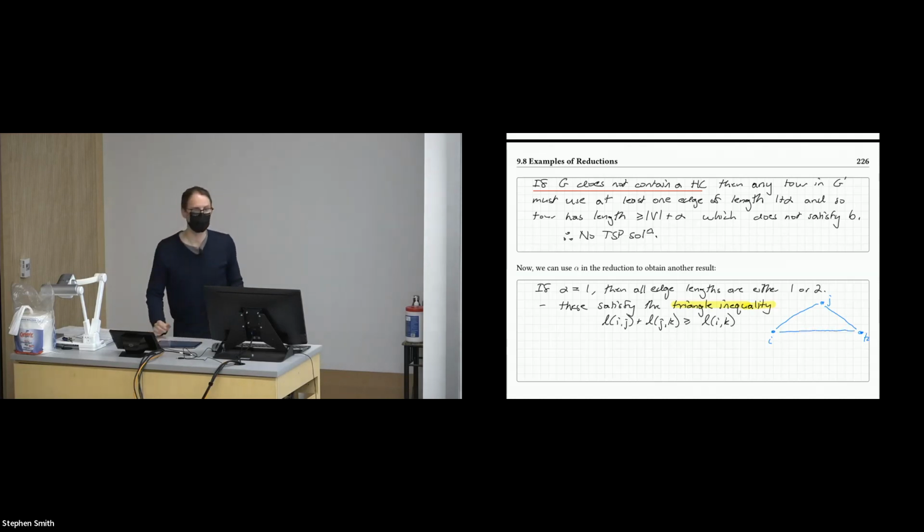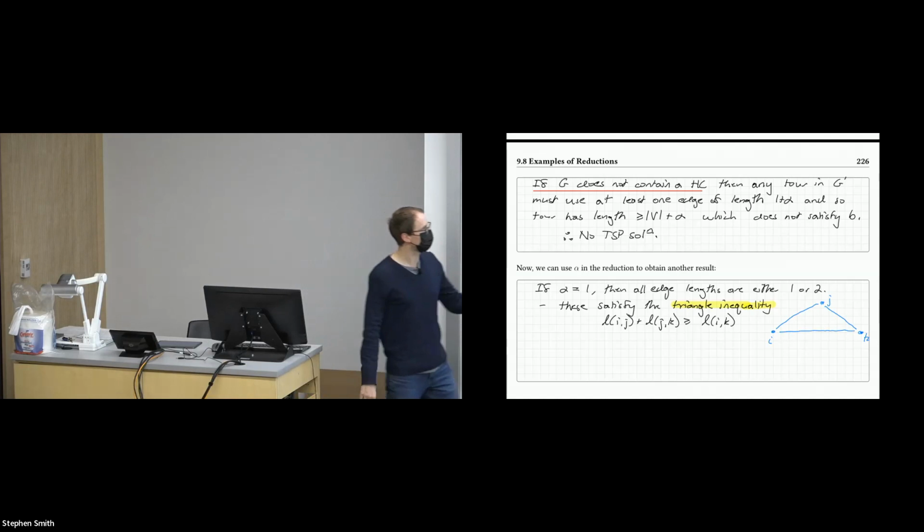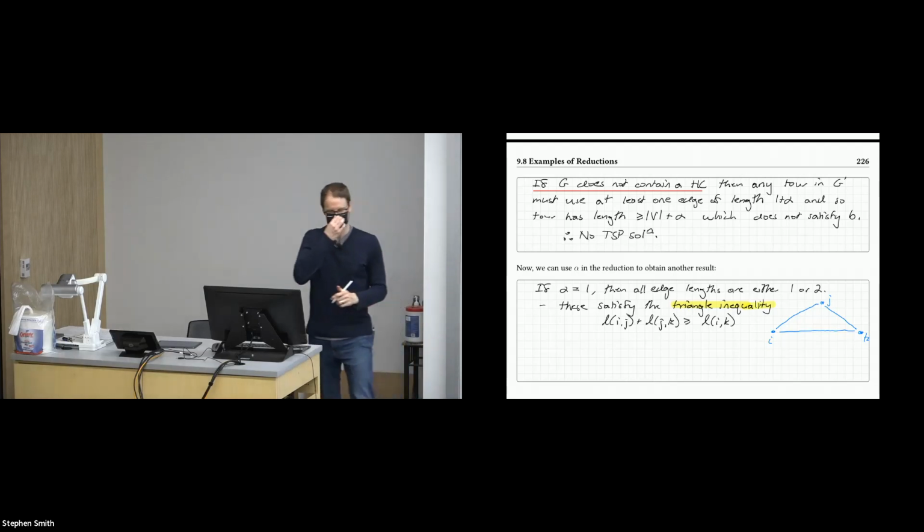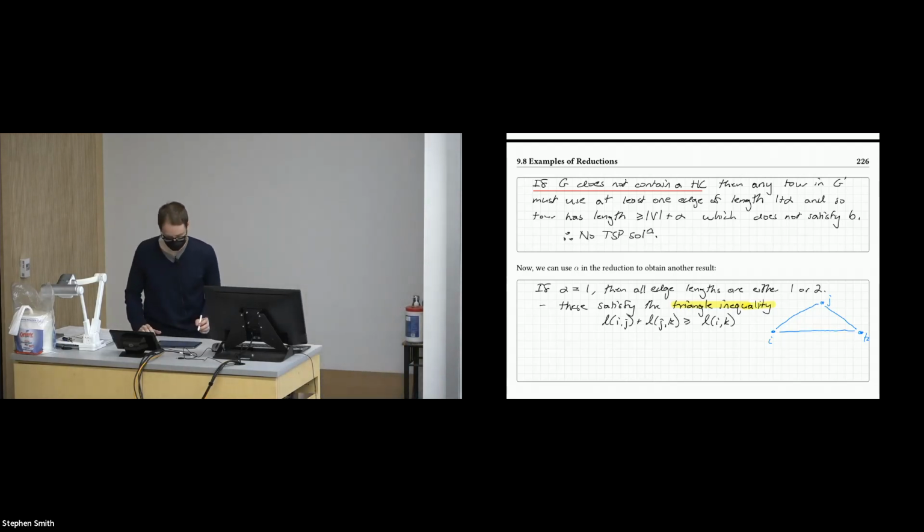And the triangle inequality says that it's always cheaper or no more expensive to go directly from I to K than to get there via another vertex, via J. So yeah, this has to cost more than just going direct.